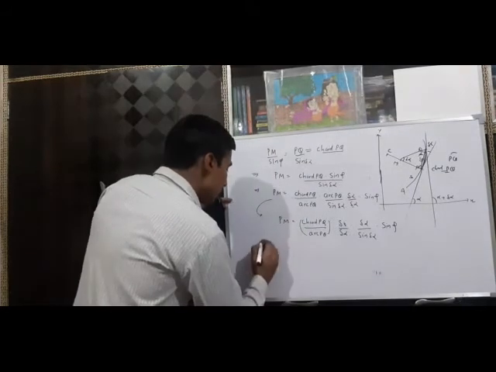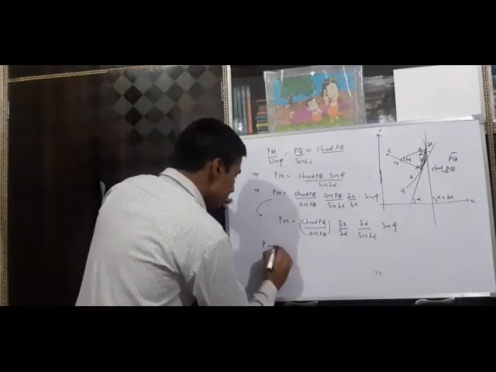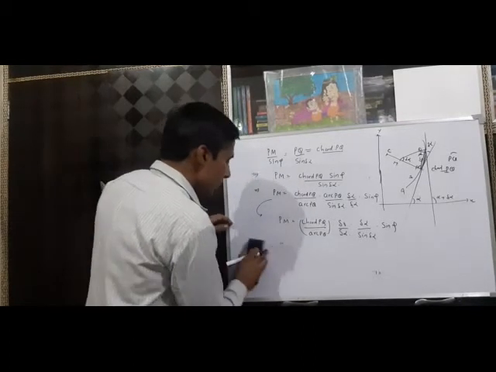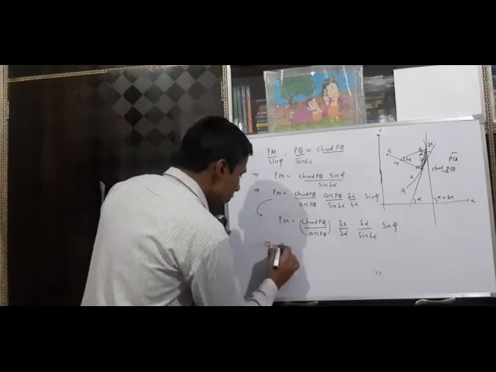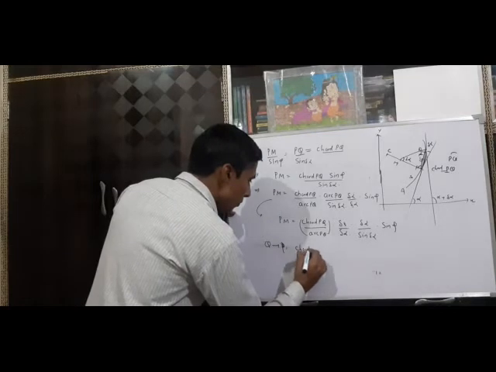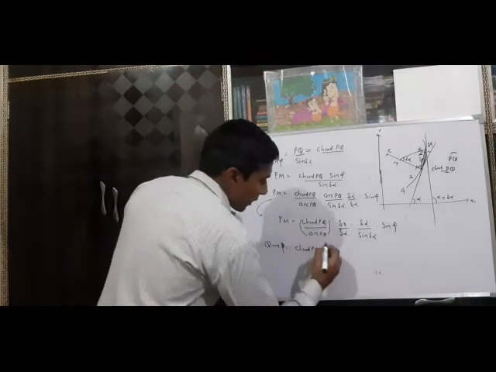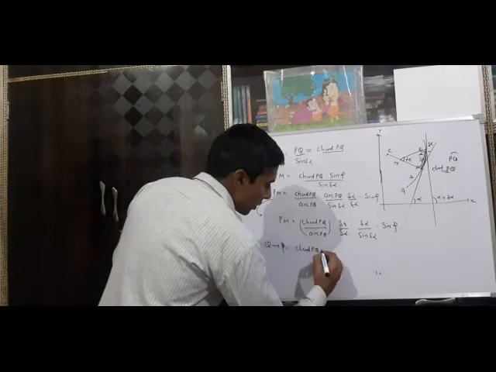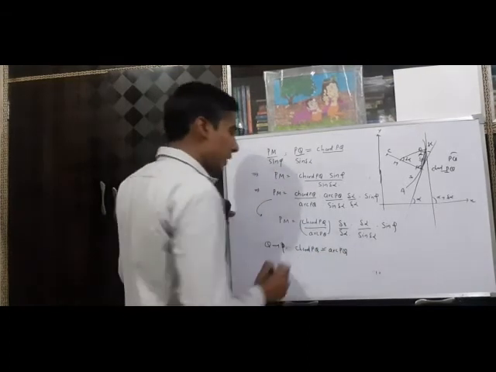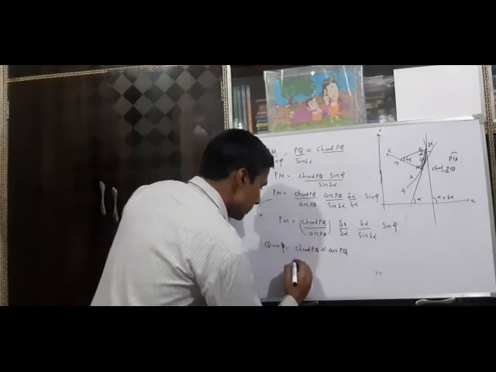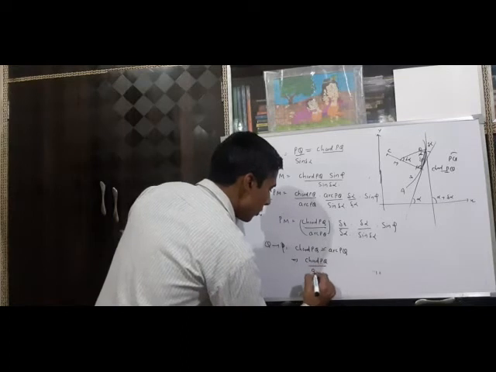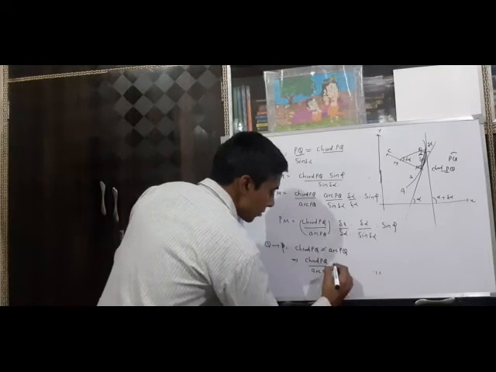Now we take the limit Q tends to P. If Q approaches to P, then chord PQ approaches to, similar to, you can say, arc PQ. That implies chord PQ upon arc PQ goes to 1.